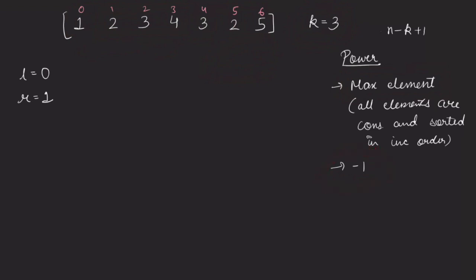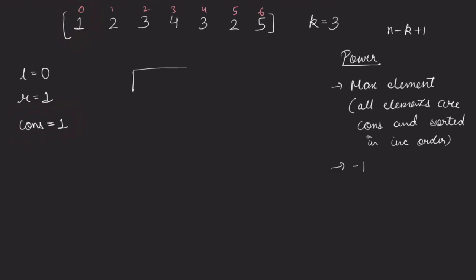So initially we will take a consecutive count variable, and we will keep it initially as 1. See, for the first element, we do not have any previous element to compare it with, so this number in itself will always be consecutive. That is why we are keeping the consecutive count equal to 1 initially, right?